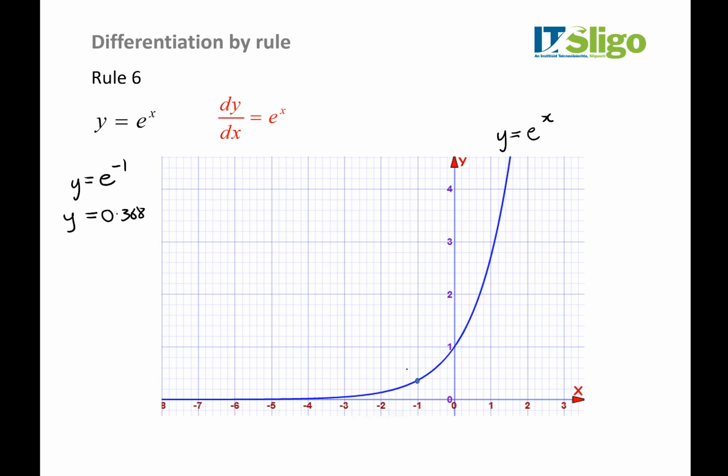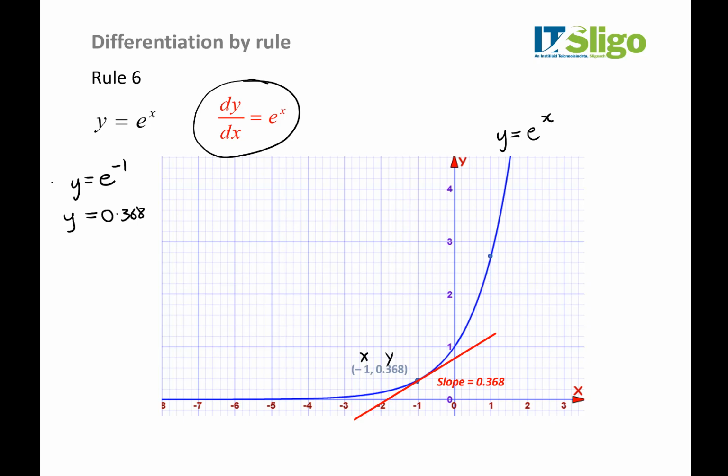So this point here is described by -1 for our x value, and our y value is 0.368. What the red function here is telling us is that at that point, the slope of the line is also 0.368.